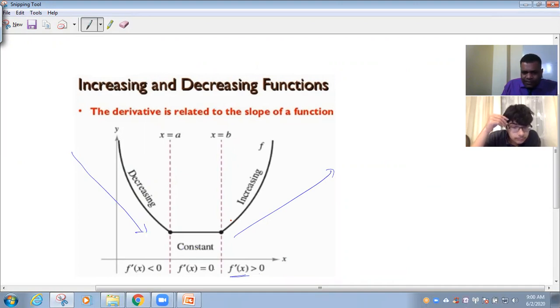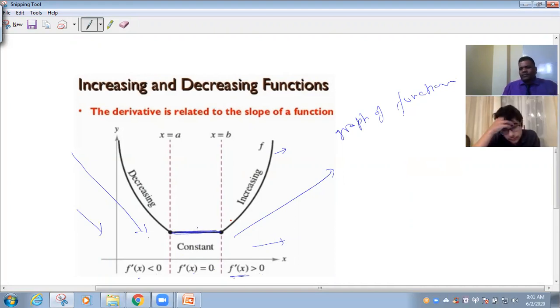And wherever it is 0, the function is neither increasing nor decreasing, it's like constant. This is the graph of the function f. So f dash x greater than 0, increasing region. F dash x less than 0, decreasing region. No change, constant region.